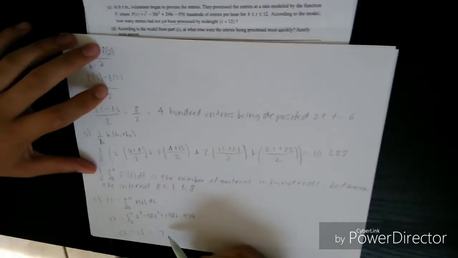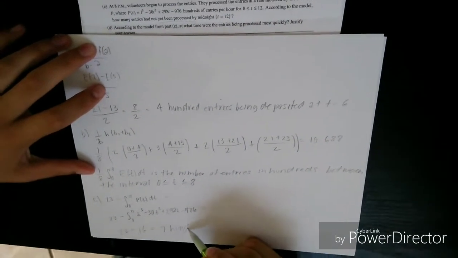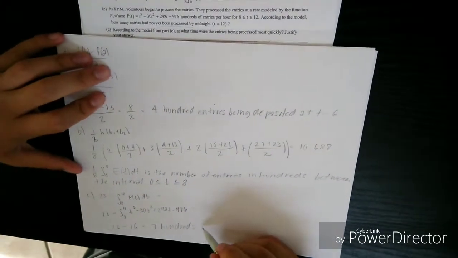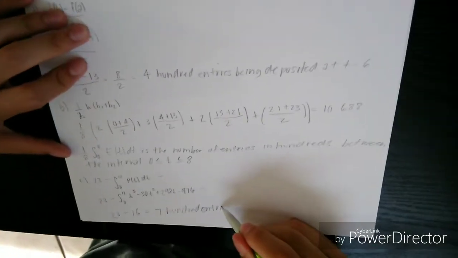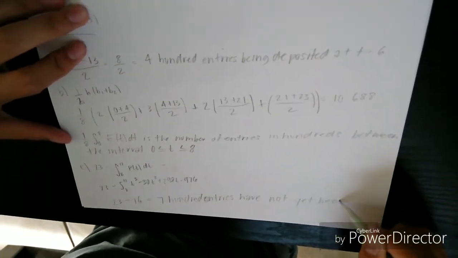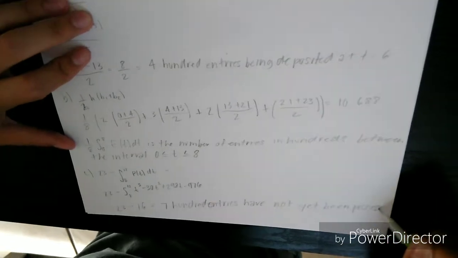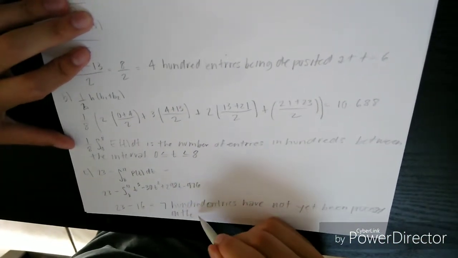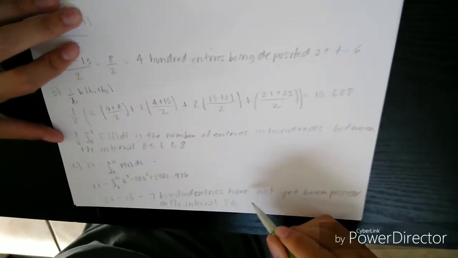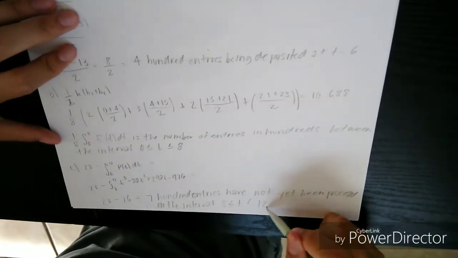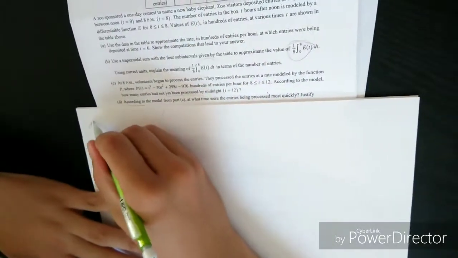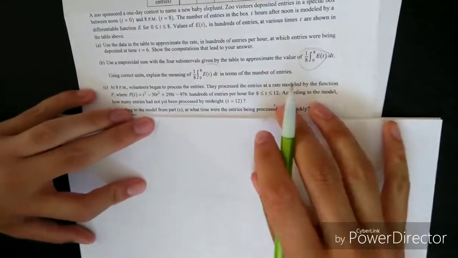So our number of entries is going to be 7. It states that it is in hundreds, so it is 700 entries that have not yet been processed. Correct.